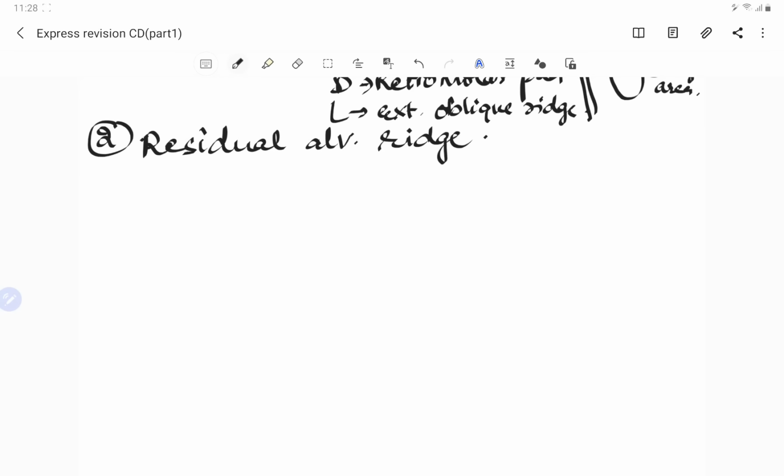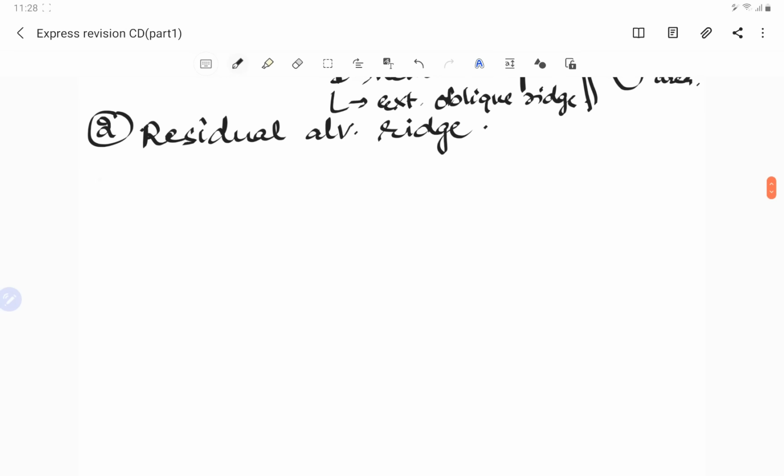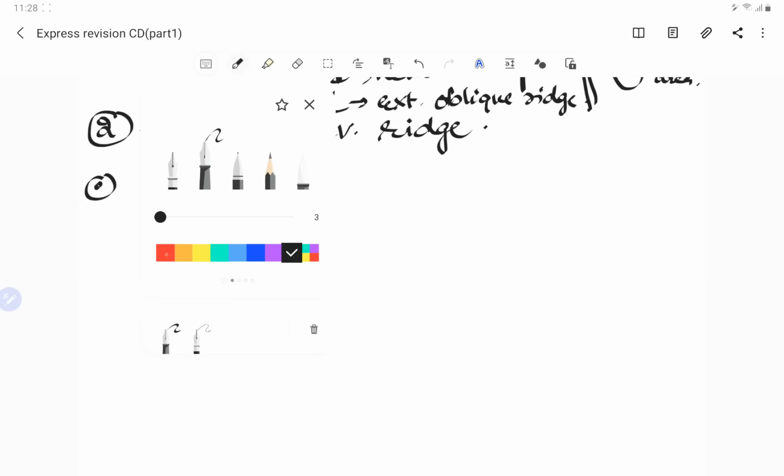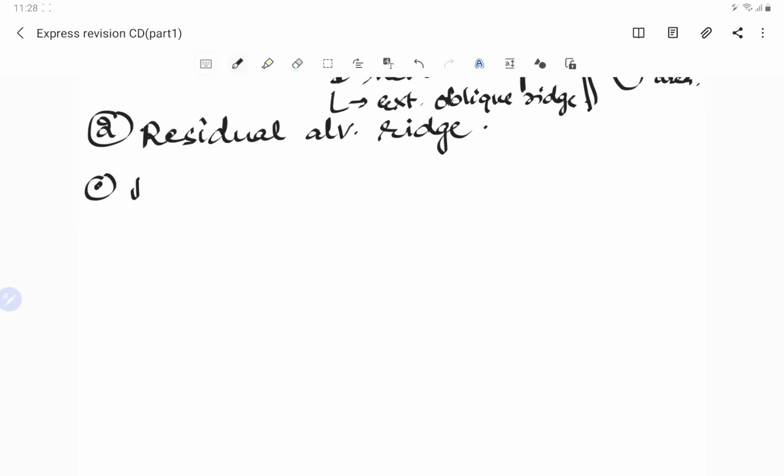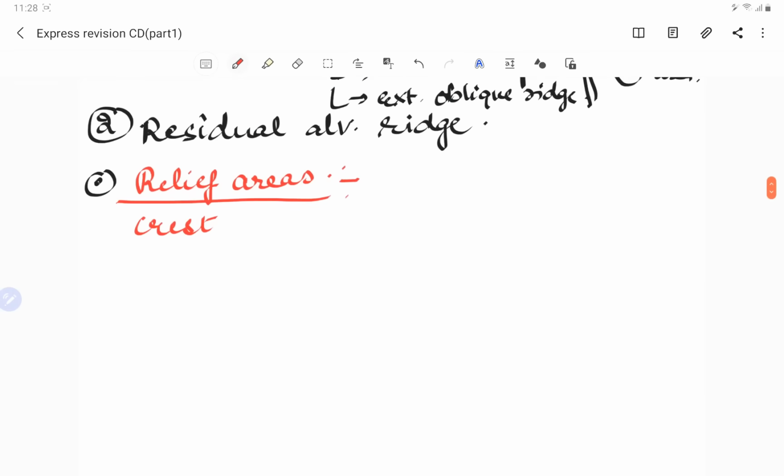The crest of the ridge in the maxilla is a supporting as well as a secondary stress bearing area, right. Now talking about the relief areas. Relief areas: we have the crest of the ridge. We have already covered this.